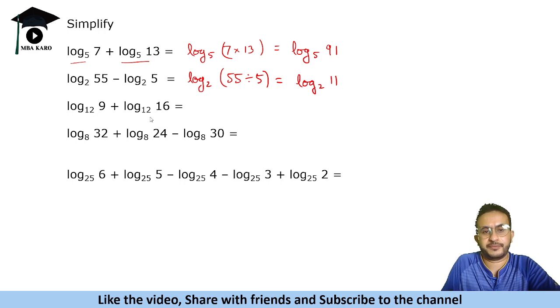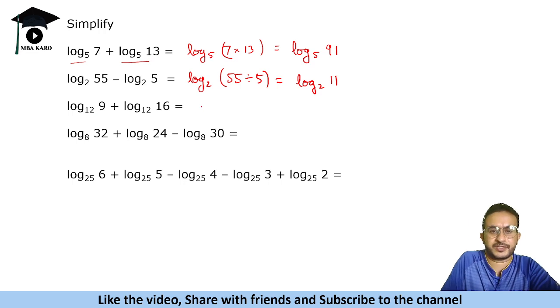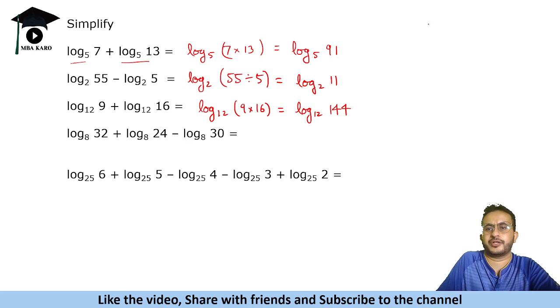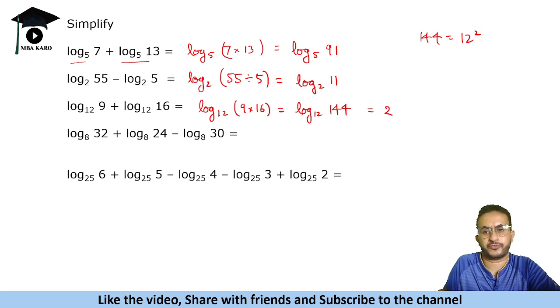Next, log 12 9 plus log 12 16. So this becomes log 12 of 9 into 16, log 12 144. Now 144 is 12 square.